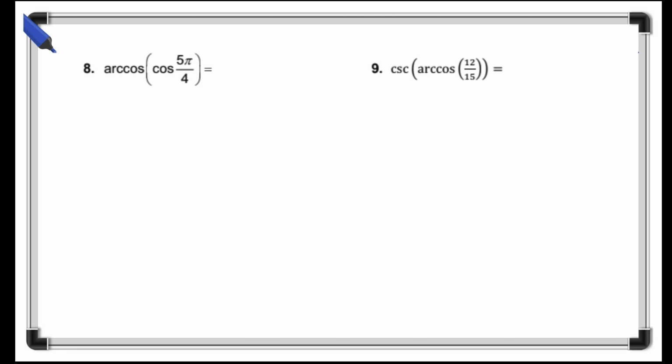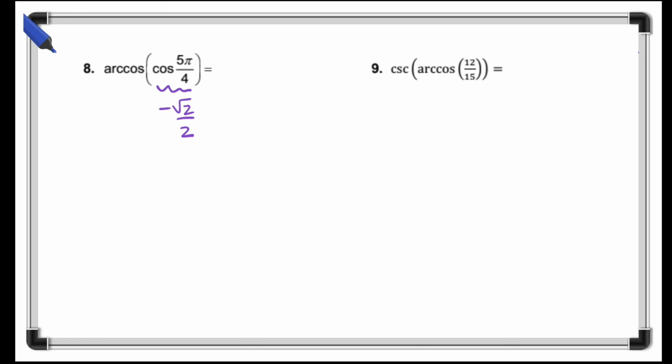Okay, so in number 8, when you're doing a composition, you can remember the rules, or you can look at the inside function and then the outside function. Here, your inside function is the cosine of 5 pi over 4, which we know is negative root 2 over 2.